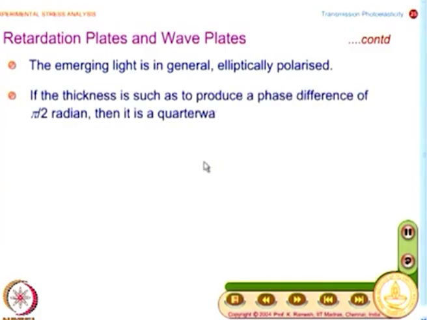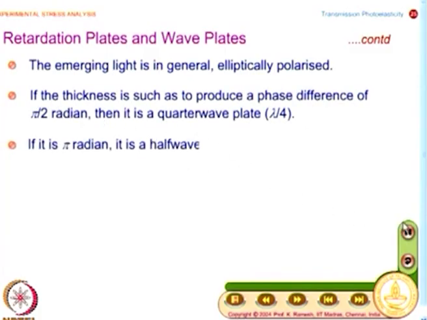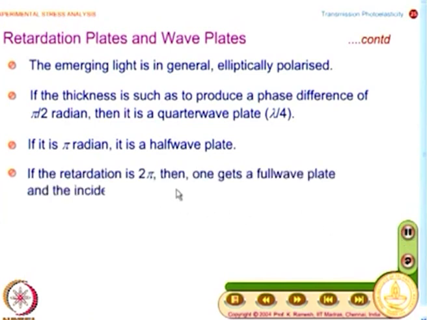And if I so adjust the thickness of the plate to produce a phase difference of pi by 2 radian, then I call that a quarter wave plate. It is also labeled as lambda by 4 plate. If the retardation is pi radians, then it is a half wave plate. If the retardation is 2 pi radians, one gets a full wave plate and the incident light is unaltered.